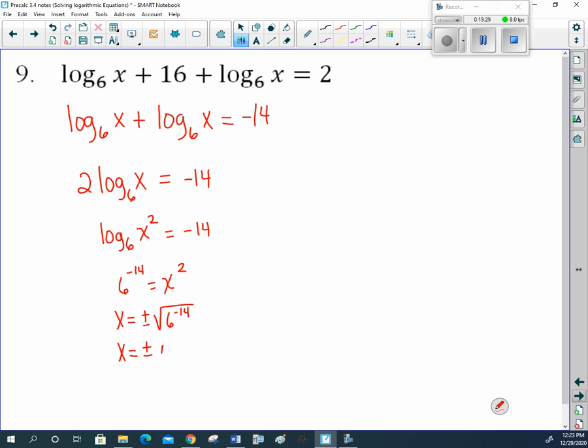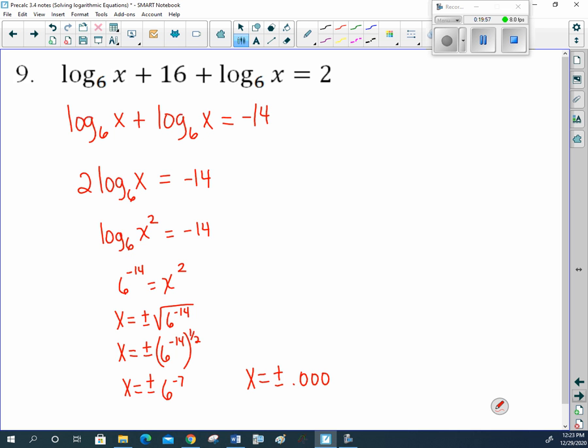So if I write it like this, then at least that'll change our decimal to a little bit smaller. We're going to end up with plus or minus 6 raised to the negative 7 power. So that's going to be 7 decimal places to the left. So you're talking about x equals plus or minus 0.0000.